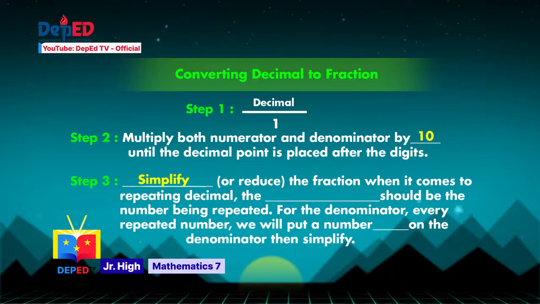And when it comes to non-terminating decimal, the numerator should be the number being repeated. And for the denominator, for every repeated number, we will put a number 9 on the denominator, then simplify.